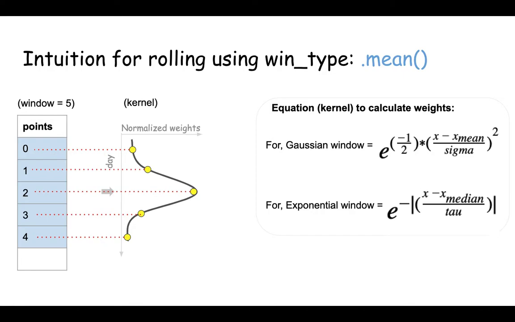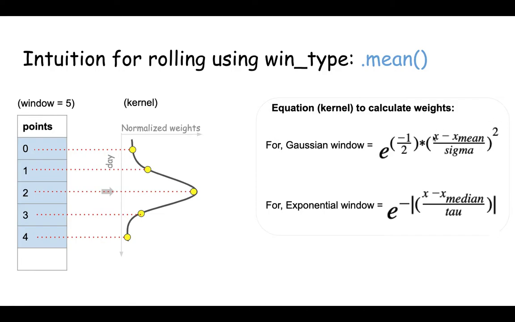A kernel is an equation, as we see on the right hand side, for a Gaussian window, and we see another one for an exponential window. So when we choose a kernel, we can use that particular equation to calculate the values of weights.